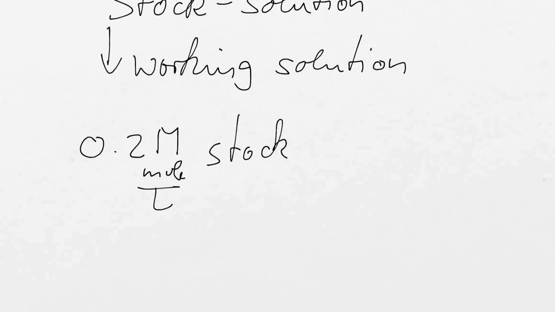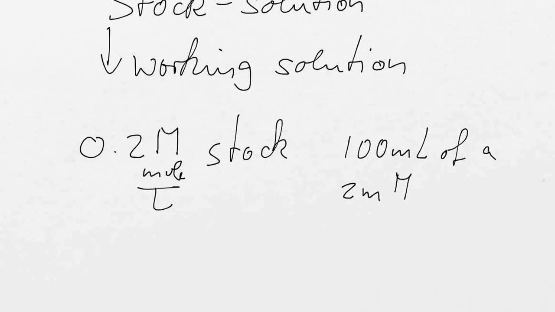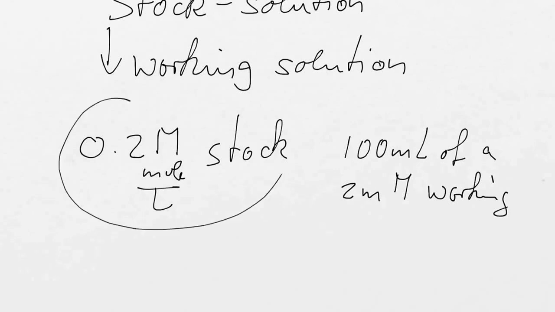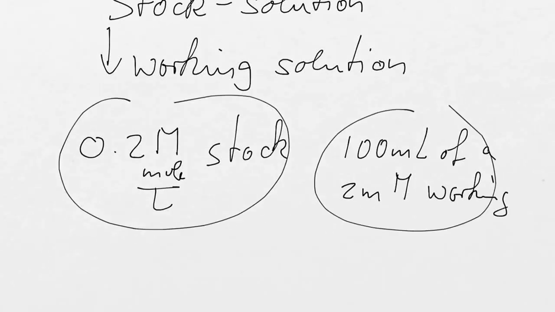And I want to make 100 milliliters of a 2 millimolar working solution. So that's my squash. That's the stuff that I can drink. What do I need to do?